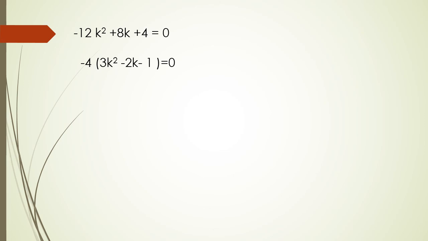This minus 4 will be shifted to the other side of the equality sign, so it will vanish. So our equation becomes 3 into k square minus 2k minus 1 equals to 0. Now students, here I am going to apply the middle term breaking. So after the middle term breaking, our equation becomes 3 into k square minus 3k plus k minus 1 equals to 0.